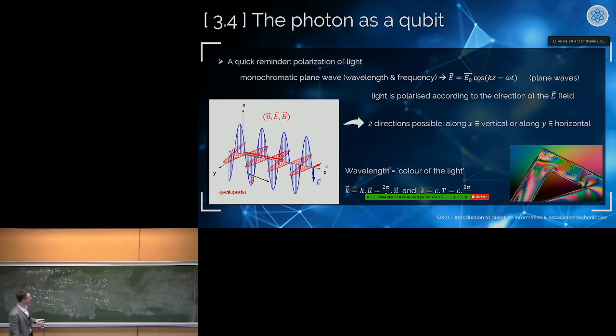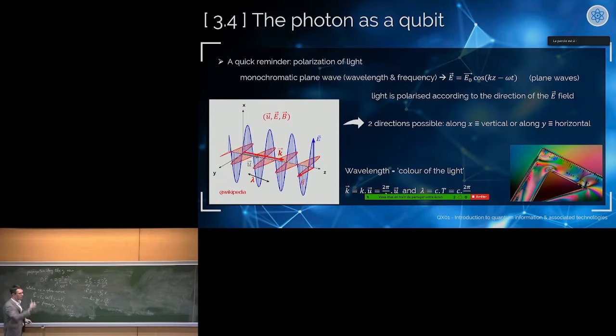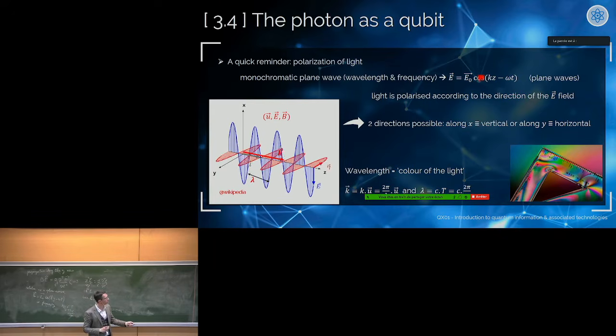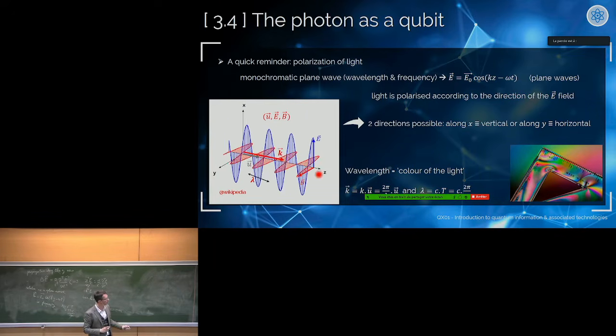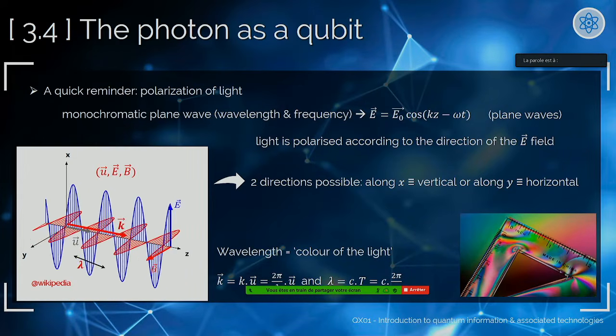So that's that. And then what we said is that the vector component of this plane wave, the orientation of the electric field, basically characterizes the polarization of light. Okay?